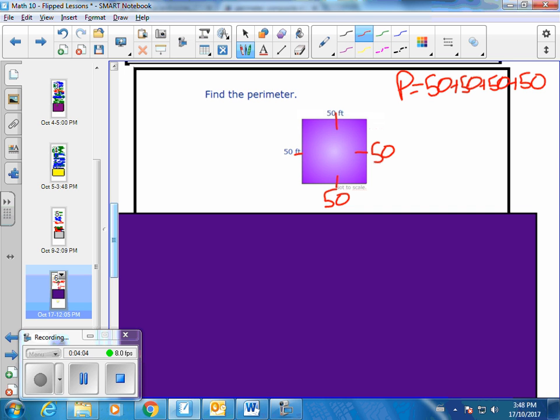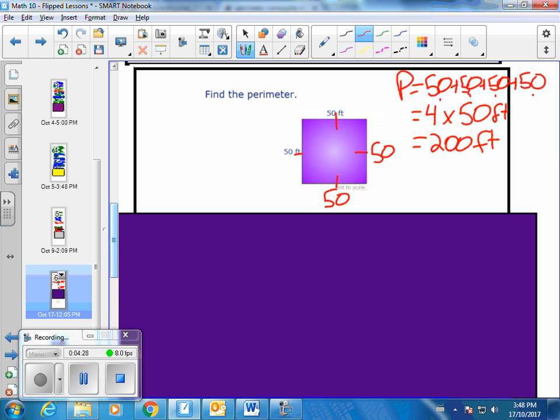But I'm going to actually simplify this a little bit. I know that if I have 1, 2, 3, 4 terms that are exactly the same, that's the same as saying there are 4 groups of 50 feet, and I want to know how much they are. Turns out 4 times 50 is going to give me 200 feet.